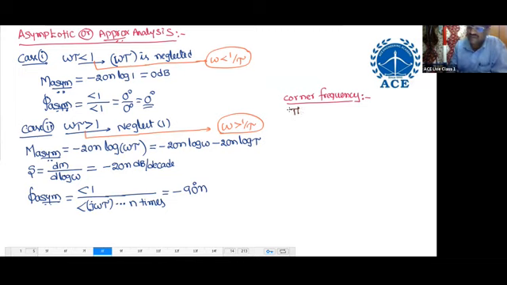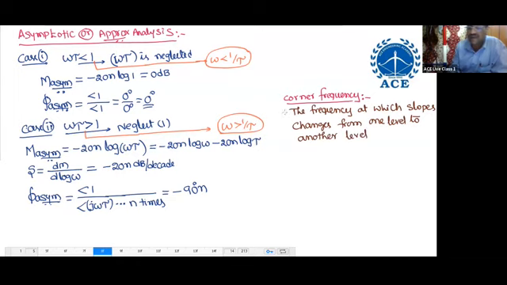The frequency at which the slope changes from one level to another.